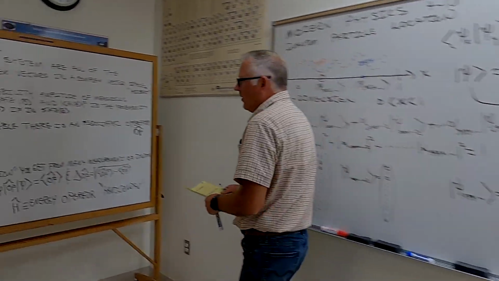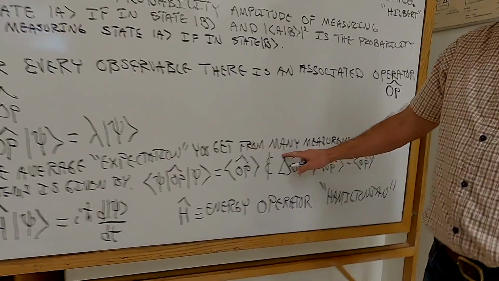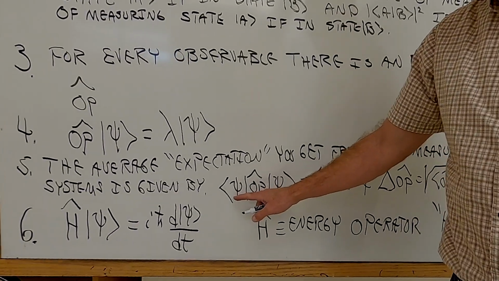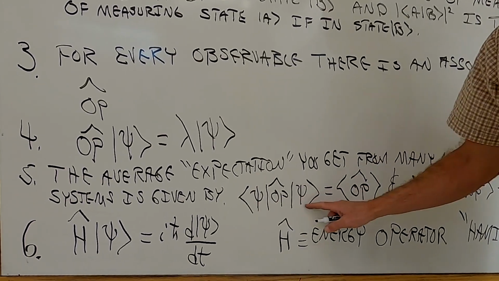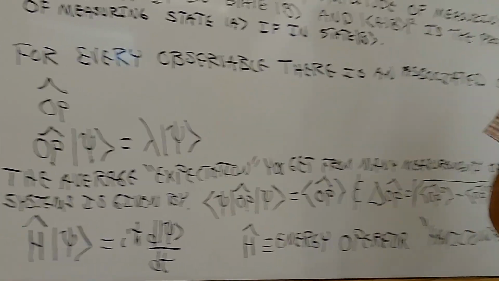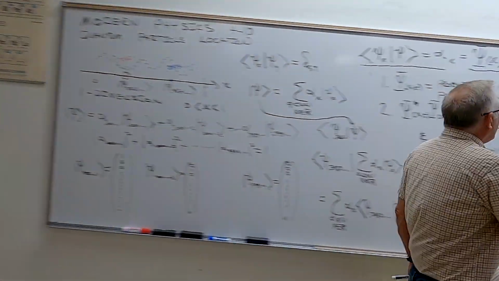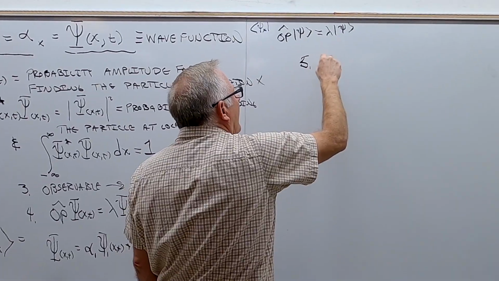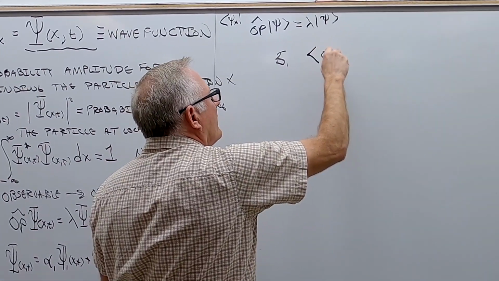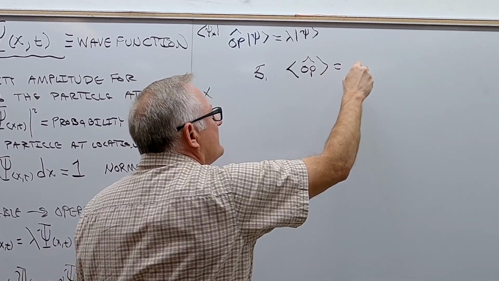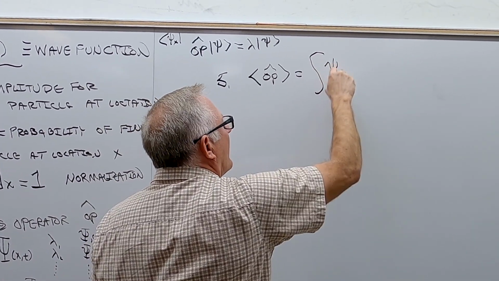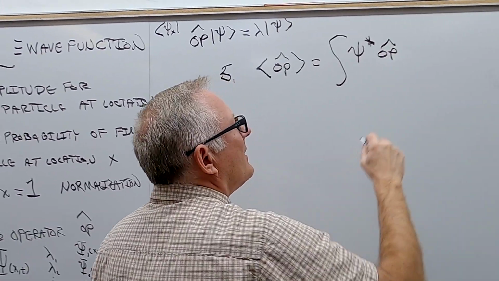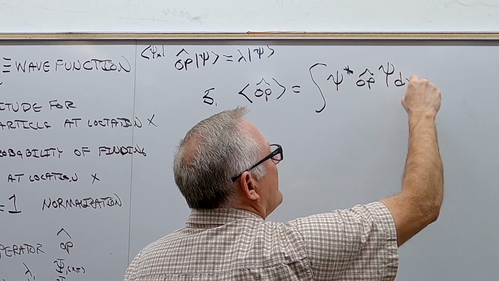Now for the average value, instead of these vectors, we're dotting this and putting the operator in the middle. The average value of an operator is now the integral of psi star, then you put the operator in between, which acts on the function psi, dx.